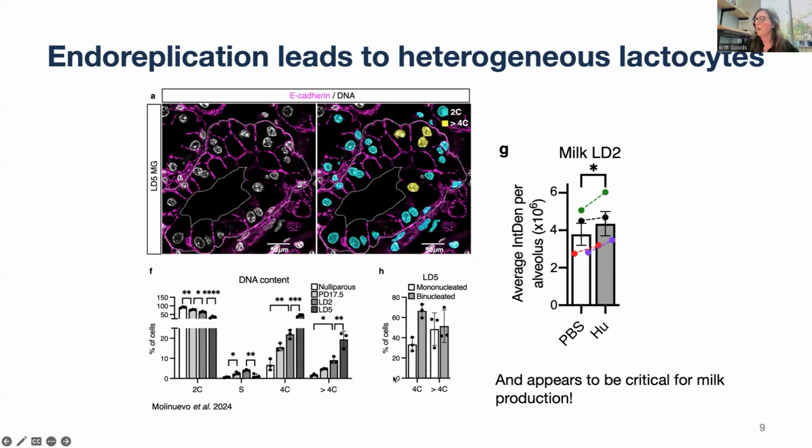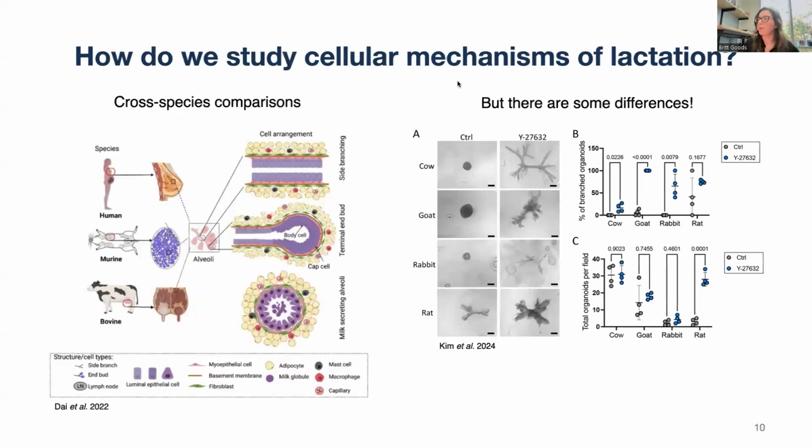And one thing that I really wanted to point out that was really exciting about this particular study is that they showed that this stress-associated binucleation was actually really important and appears to be critical for milk production.